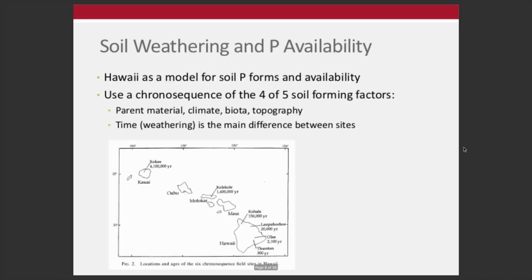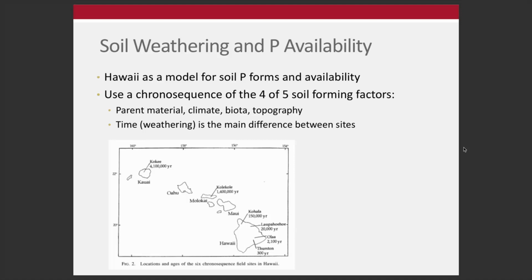And there's been great work that's taken this theory and shown some empirical evidence for it. One of these examples is Hawaii, an archipelago and a set of islands that really sets up a nice natural experiment as a chronosequence.